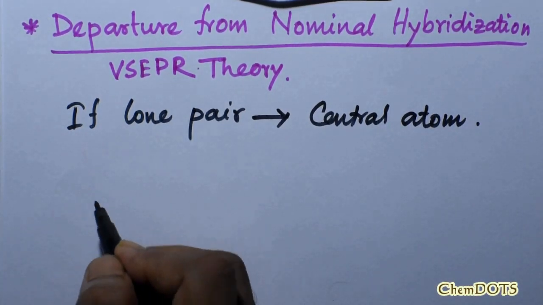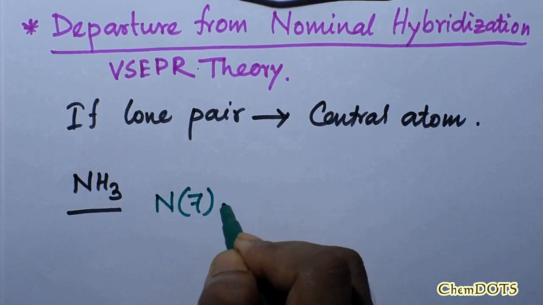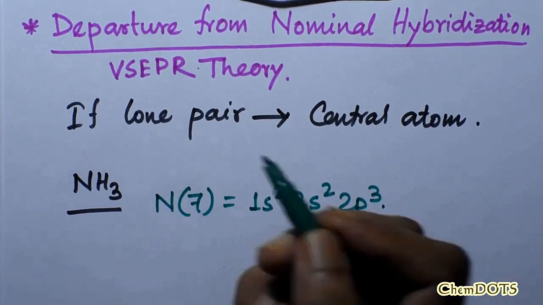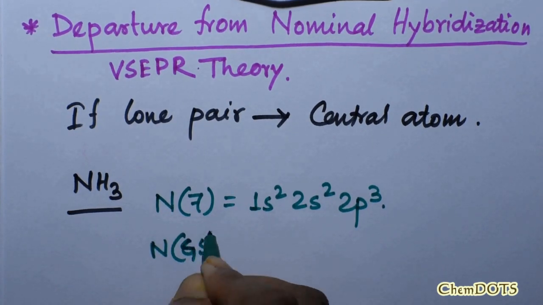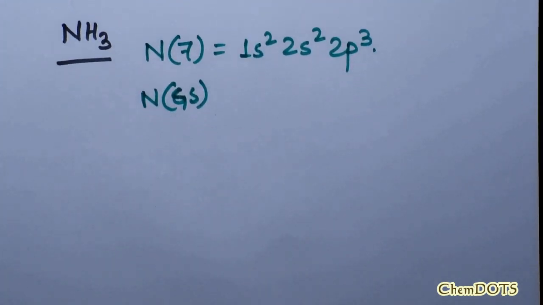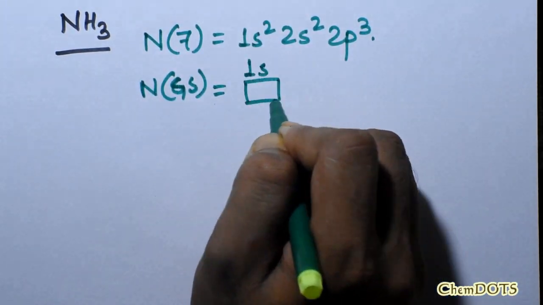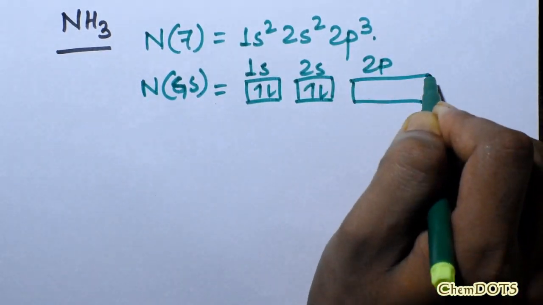For this purpose, let's focus on the structure of ammonia. Nitrogen has 7 electrons and the electronic configuration is 1s2, 2s2, 2p3. That means in 1s and 2s there are 2 electrons each, and 2p is the half filled orbital. So here 2s and 2p will form 4 sp3 hybridized orbitals.